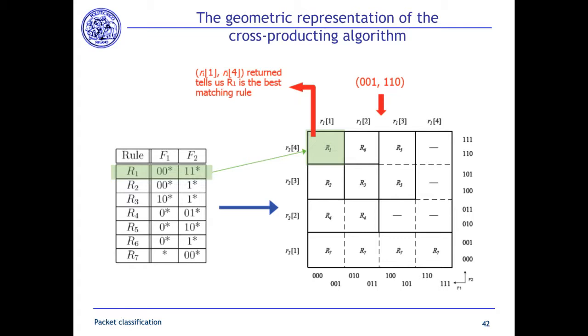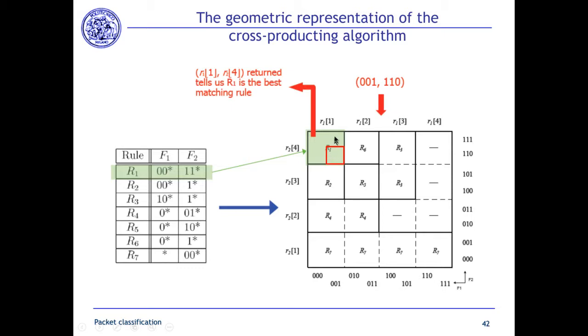This is again the other example with only 3 bits in the number lines, and this is similar. So this is the packet received, 001 100 110. It is this point that corresponds to this red square.